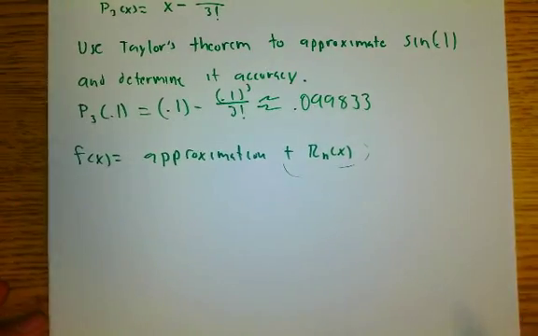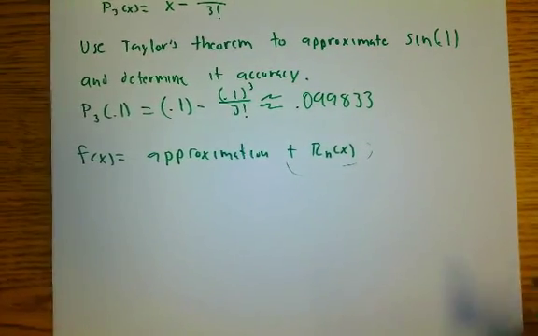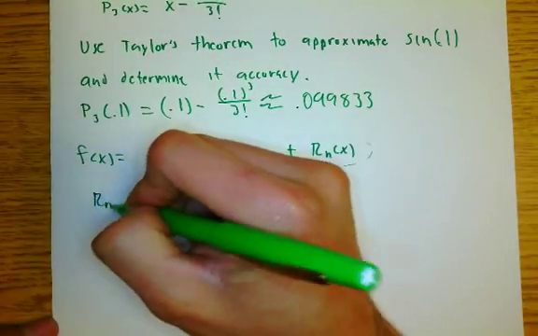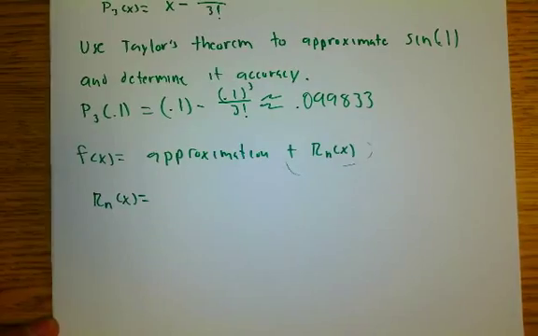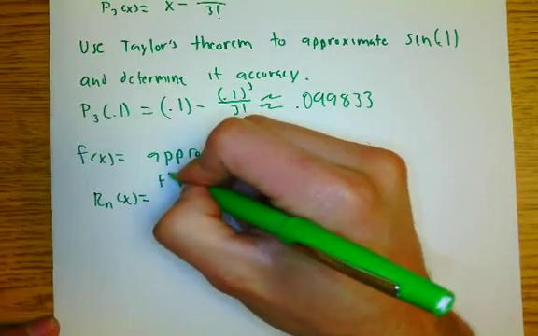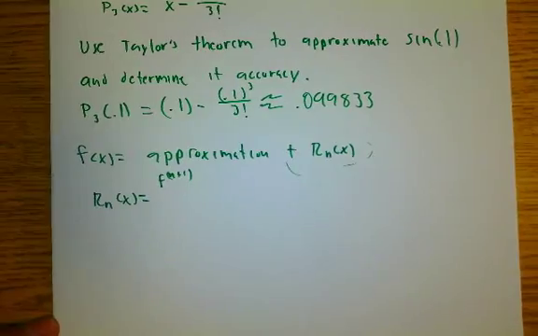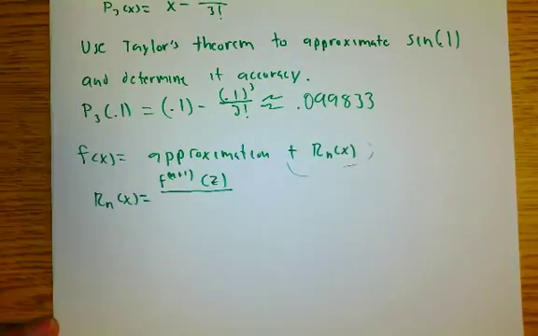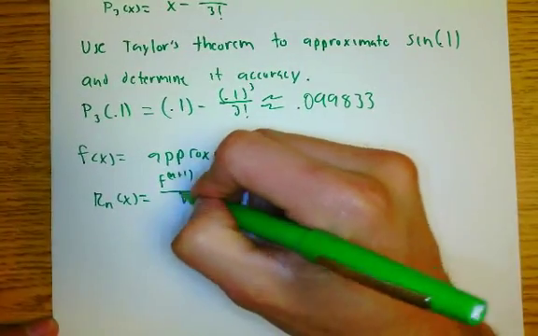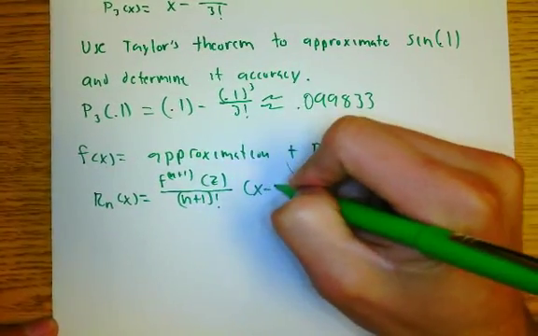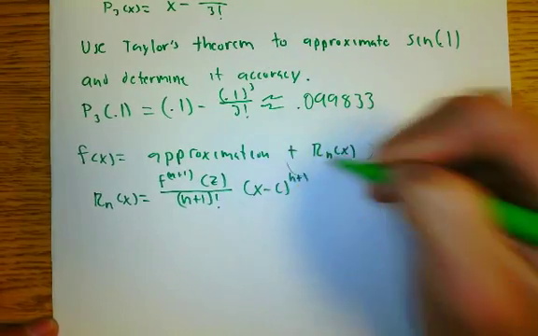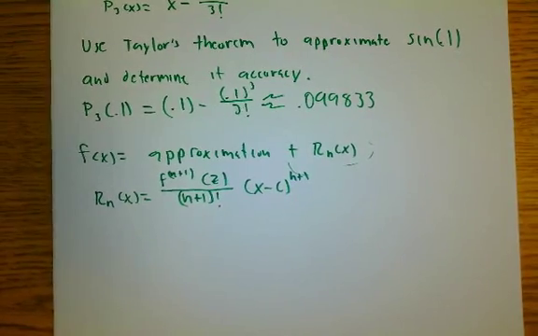So the n plus 1 derivative of z over n plus 1 factorial times x minus c to the n plus 1, right? Well, we need to figure out what this z value is. Okay? But also, before I even get there, I'm going to need the n plus 1 derivative.